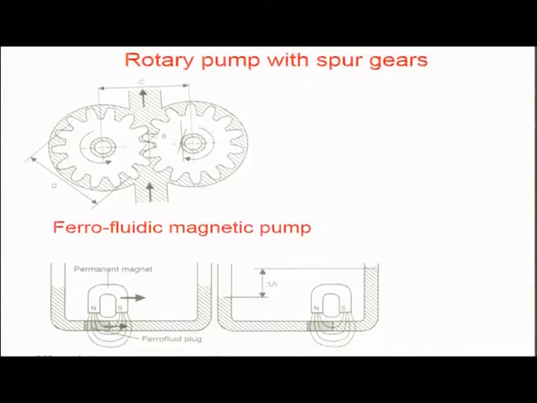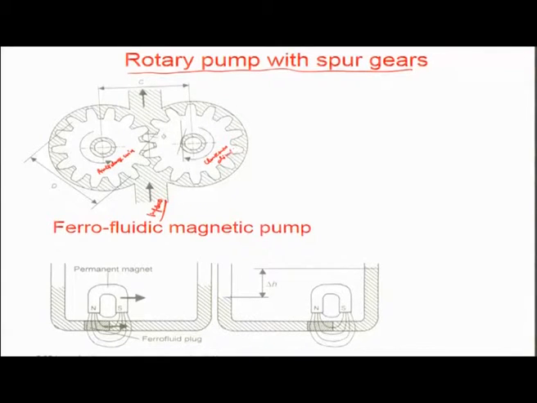The other example of fluid actuation is what you normally find through spur gears and rotary pumps with spur gears. Here what is happening is that there is an inflow of fluid from this particular section, and there are rotating and matching spur gears which are being rotated, this one in the anti-clockwise direction and the other one in a clockwise direction.